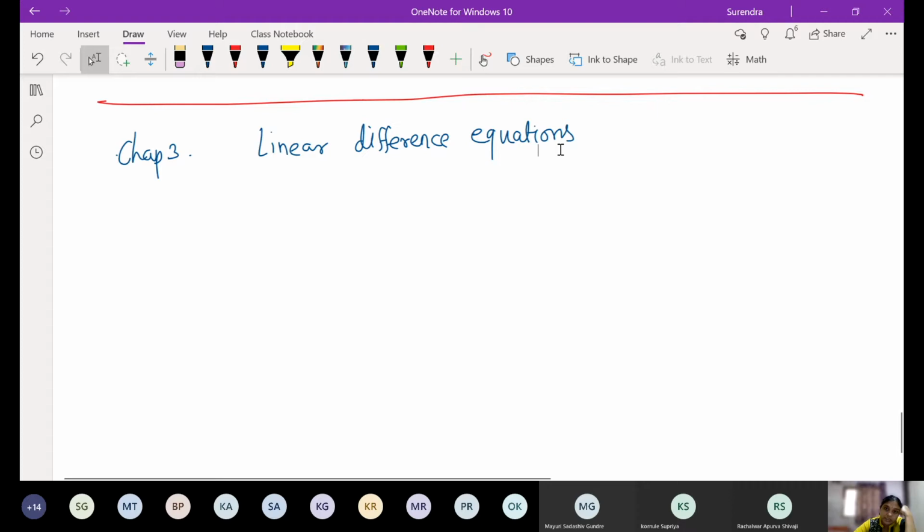Similarly, linear difference equations are difference equations which involve the dependent variable and its differences in linear form. So it is just an analogous concept.